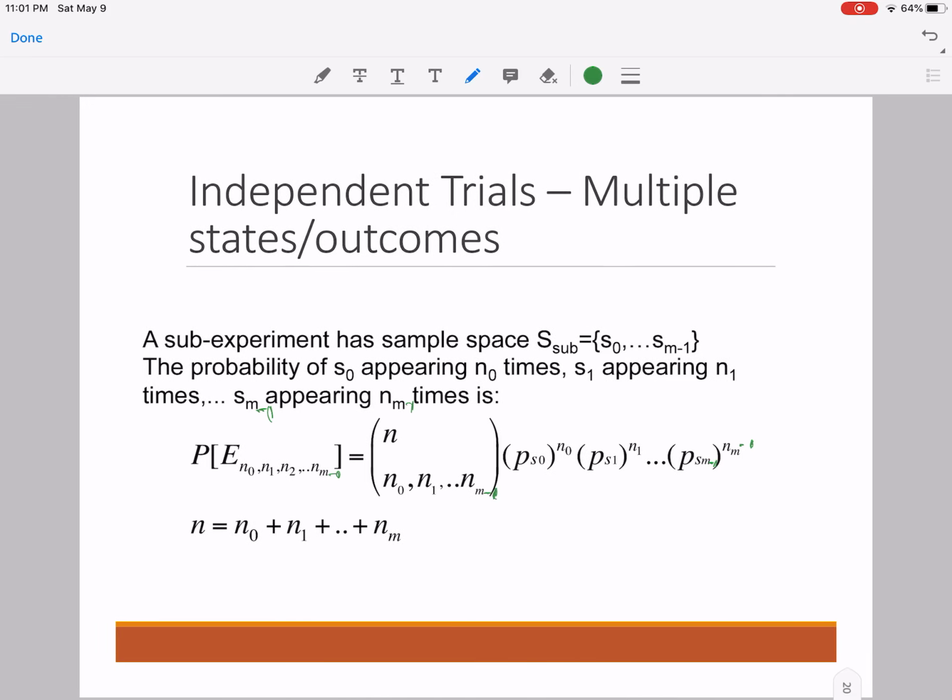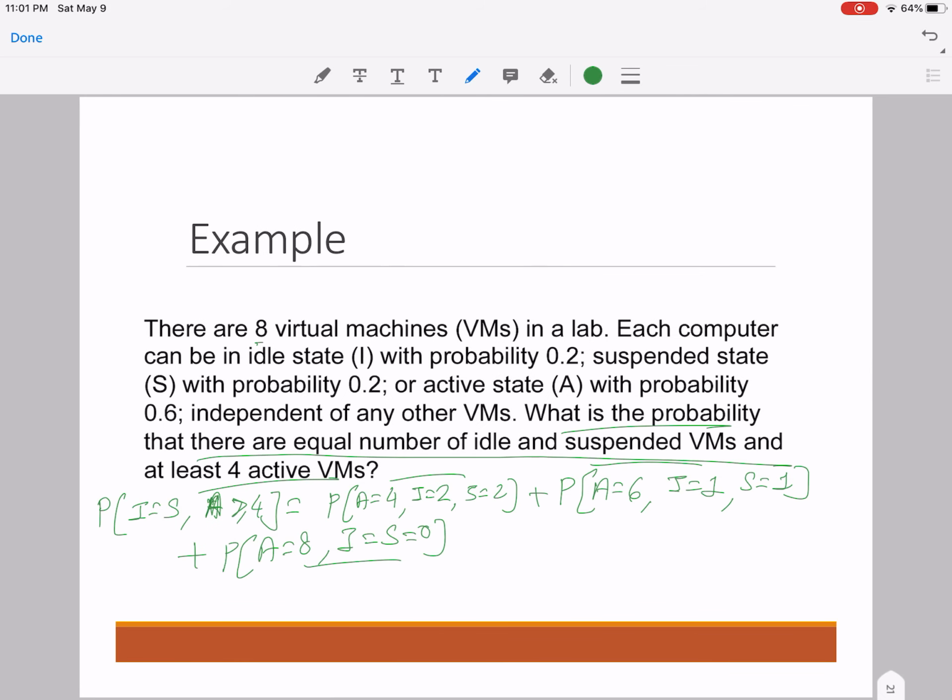So I'll apply this formula right here to evaluate these individual terms. To get the first term, I have 8 choose 4, 2, 2. Probability of an active VM is 0.6, so 0.6 to the 4. Probability of an idle VM is 0.2, so 0.2 squared, 0.2 squared for the suspended, plus for this term, I will have 8 choose 6, 1, 1.